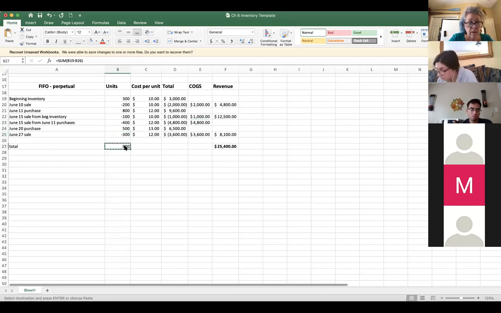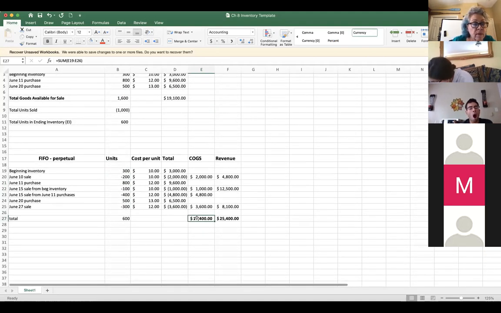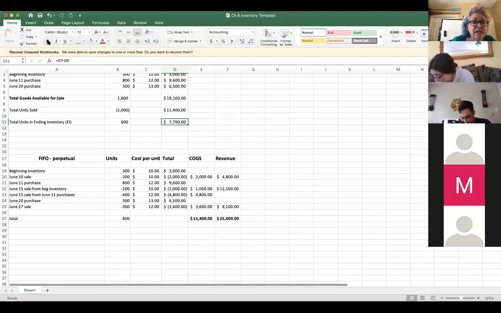So my cost of goods sold under FIFO is 11,400. If I subtract, I sold 1,000 units at 11,400. So my ending inventory would be the goods available for sale minus my cost of goods sold.